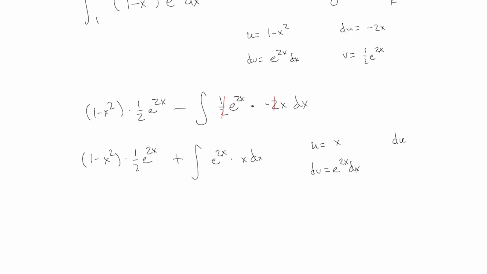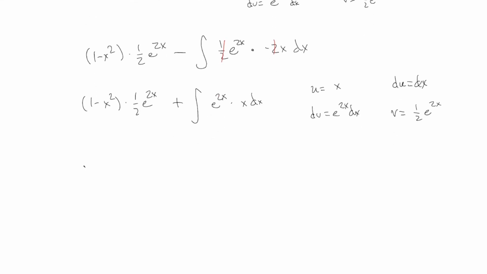So du is just dx, and v is the integral of that, which is 1/2 e to the 2x. So this thing in front is just going to stay like that forever. Plus, and now I do uv minus integral v du for my new parts. That will be x times 1/2 e to the 2x minus integral 1/2 e to the 2x dx.